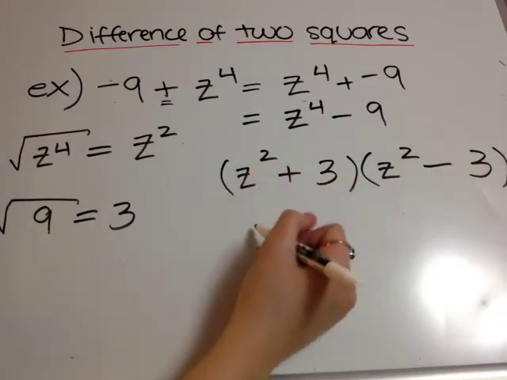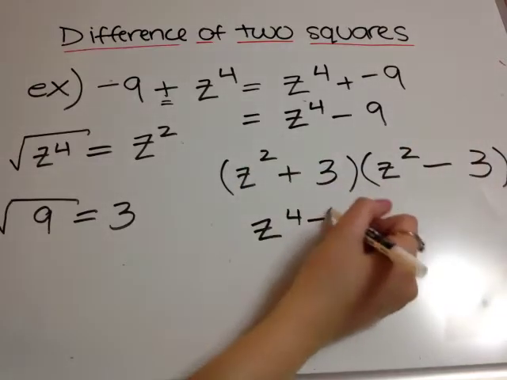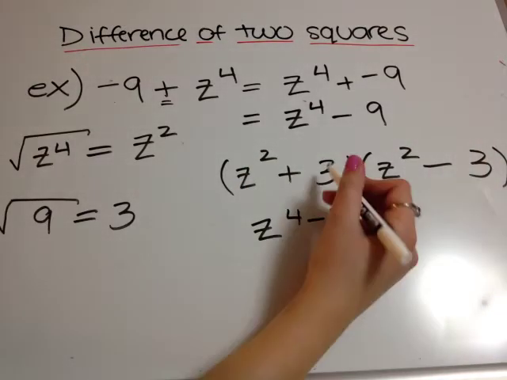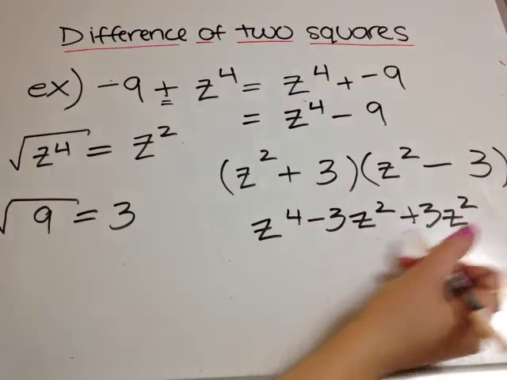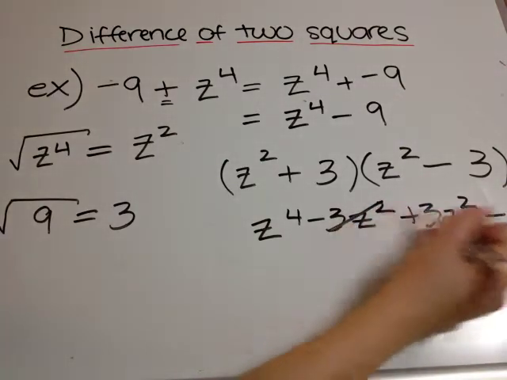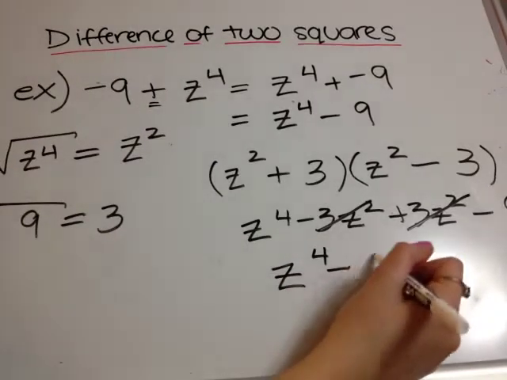Let's FOIL it really quickly. z to the fourth, outer is negative 3z squared, inner is positive 3z squared, and last is negative 9. Middle terms cancel out, and we're left with z to the fourth minus 9.